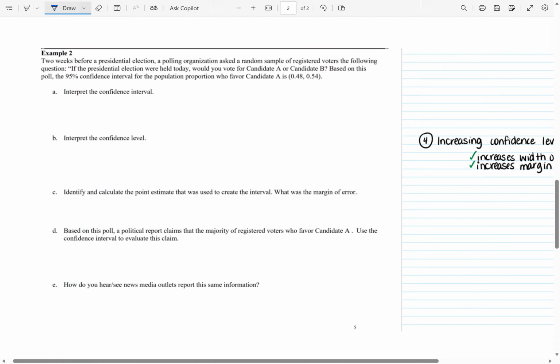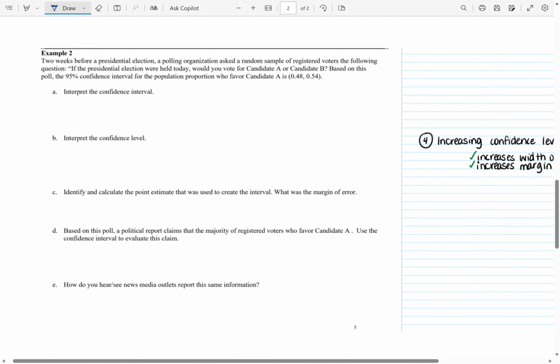So we have, two weeks before a presidential election, a polling organization asked a random sample of registered voters the following question. If the presidential election were held today, would you vote for candidate A or candidate B? Based on the poll, the 95% confidence interval for the population proportion who favor candidate A is 0.48 to 0.54.